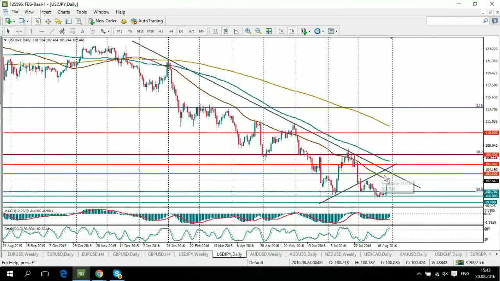This is the resistance area for this pair. Some resistance is located at 102.70. This is the 50-day moving average, and it is trying to stop the bulls a bit. But I think that long positions can be made even at the current levels, targeting 103.50.